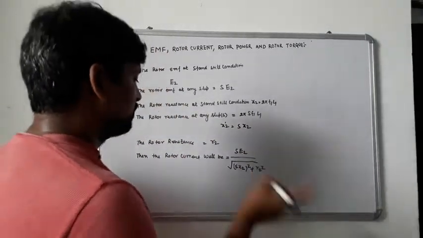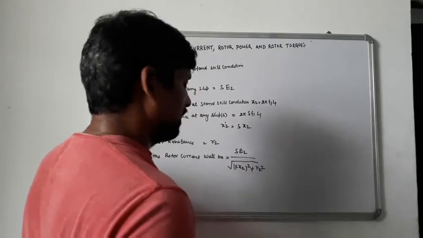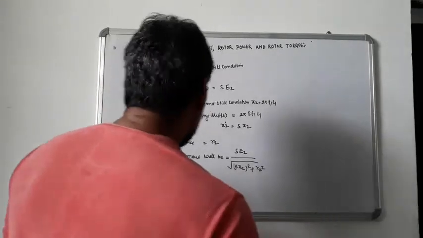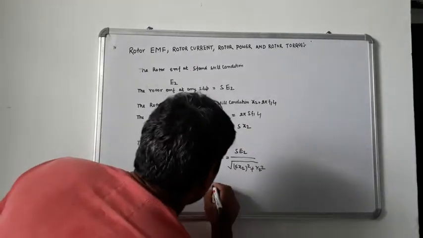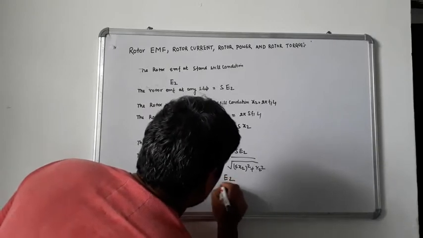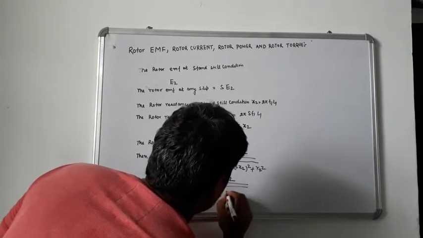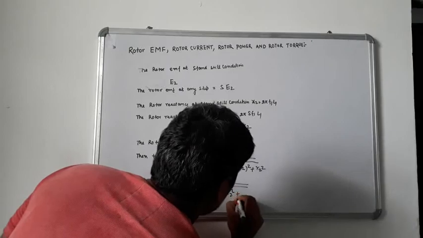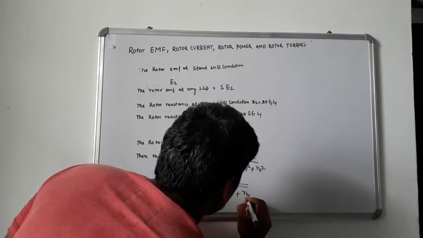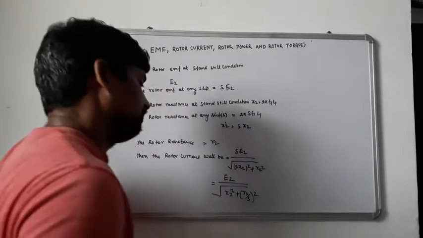By dividing both the numerator as well as the denominator, this equation will be converted into E2 divided by under root X2 square plus R2 divided by S square.